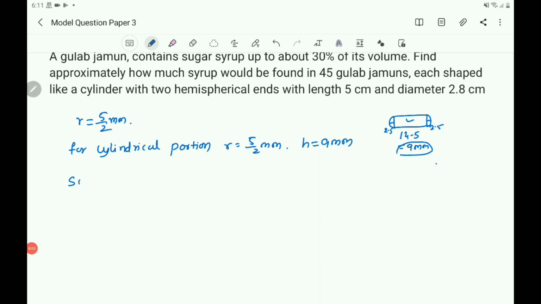So surface area of capsule equals, what is that? CSA of cylinder plus 2 into CSA of hemisphere.